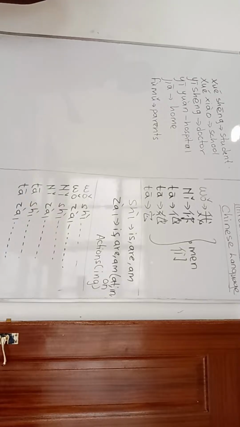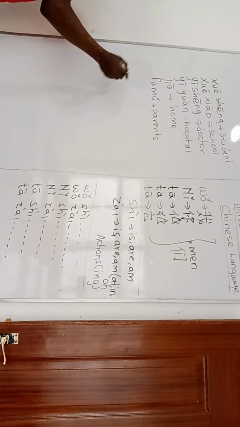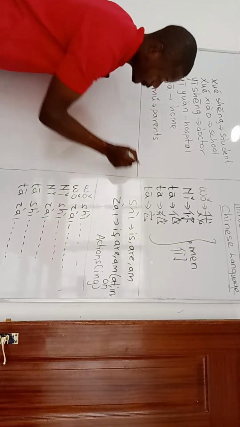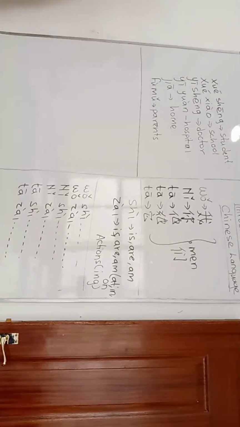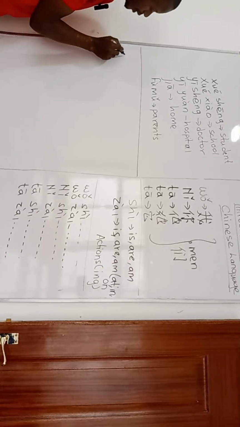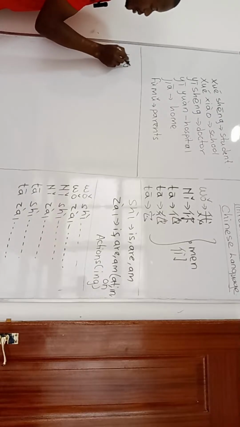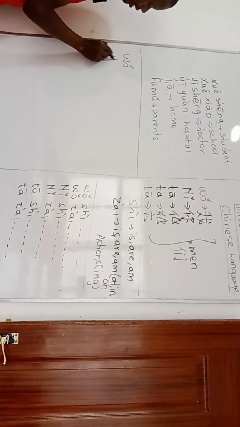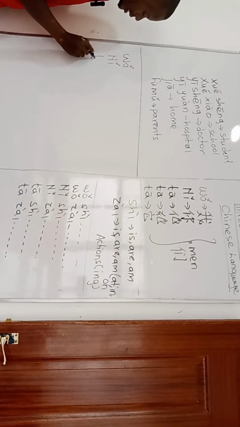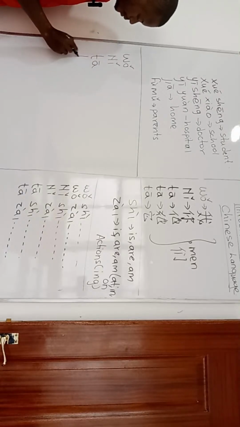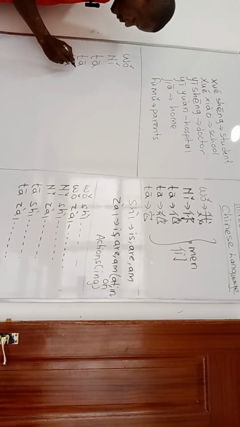And what is the order of creating your sentence? From here, you start with a personal pronoun, which is, I will put them together, 我 你 他, all the three tas.